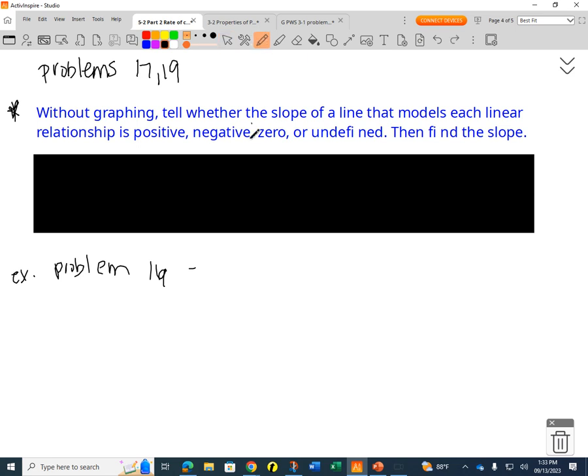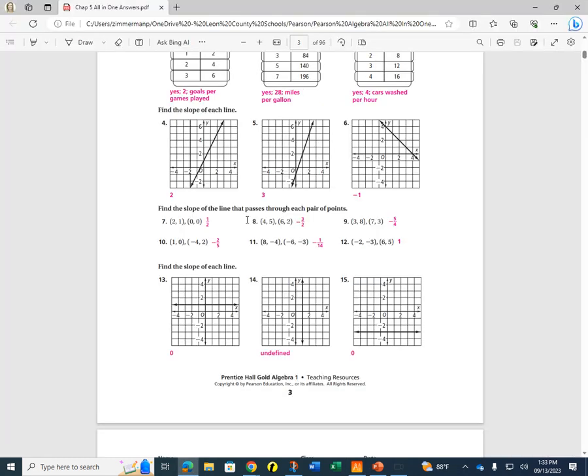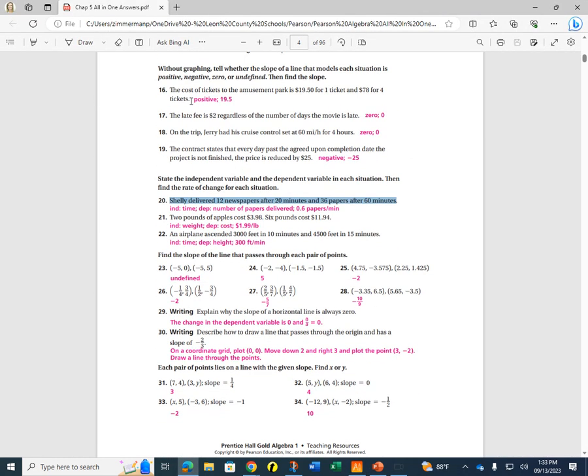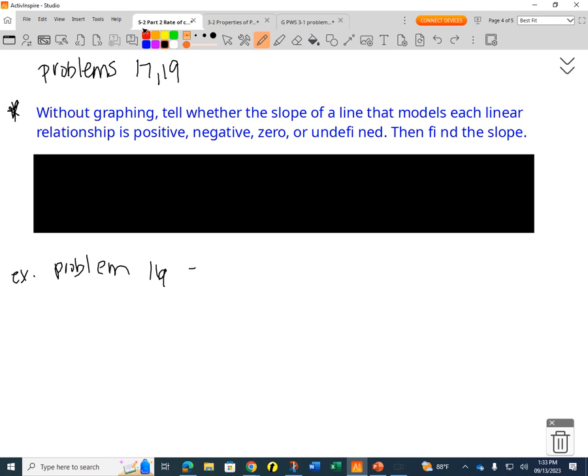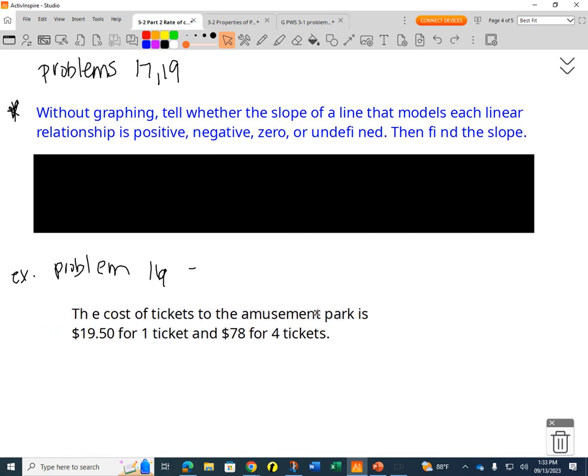Number 16. So everybody look at number 16. All right. So that's problem 16.